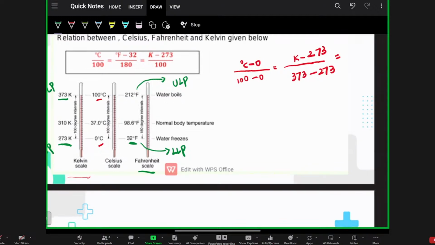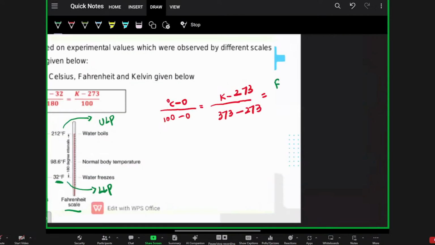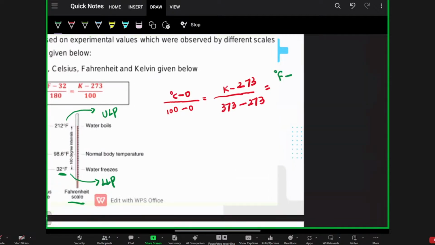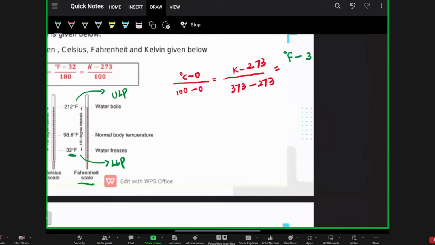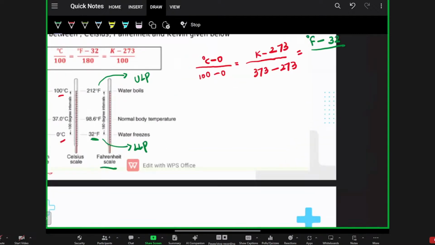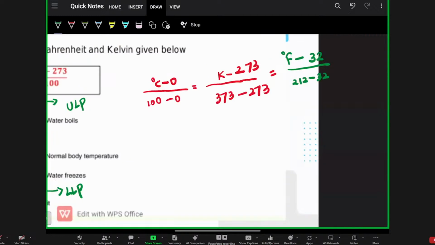So for Fahrenheit scale, we can write degree Fahrenheit minus the lower limiting point, 32, divided by the upper limiting point, 212, minus 32.